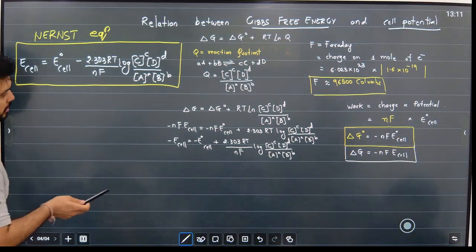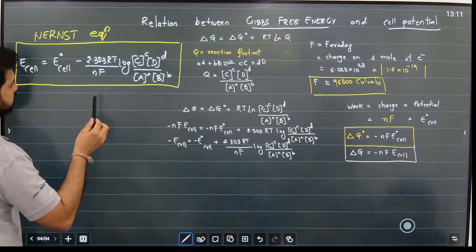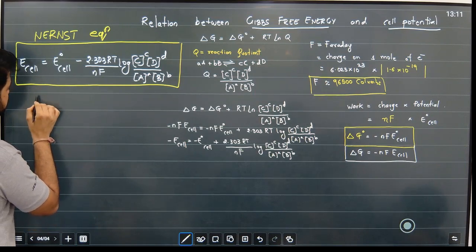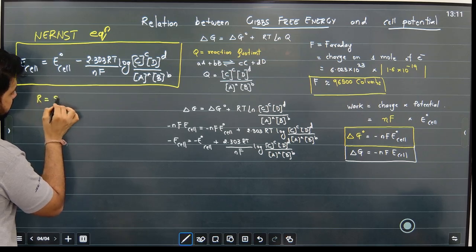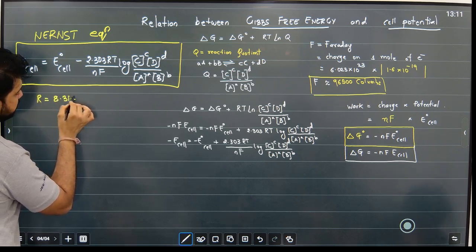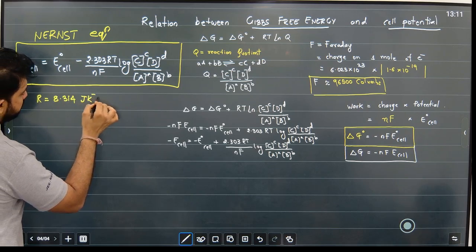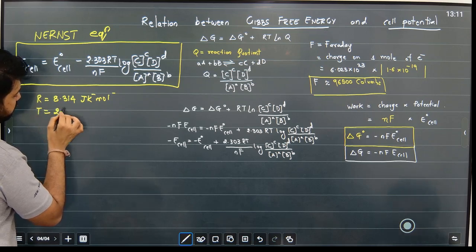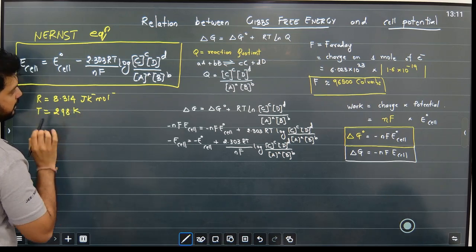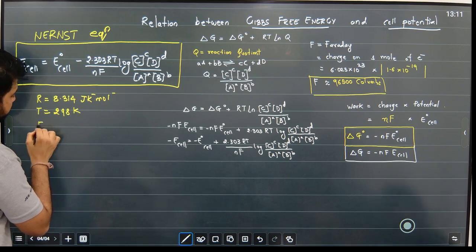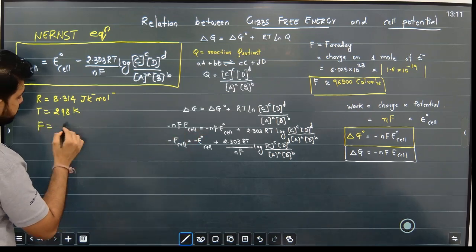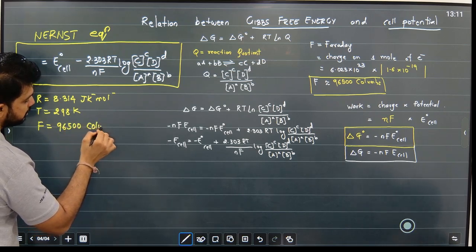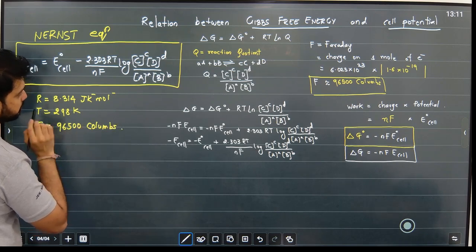Okay. Now we have slight modifications. Pay attention. We know the value of R is 8.314 joule per Kelvin per mole. Let's say the temperature is 298 Kelvin, and we know the value of F. How much is the value of F? 96,500 coulombs.